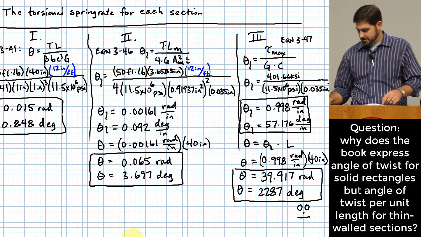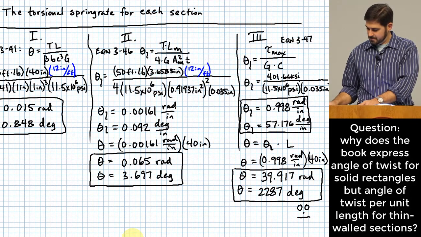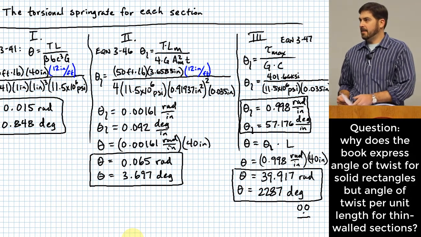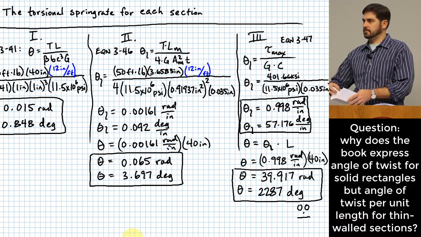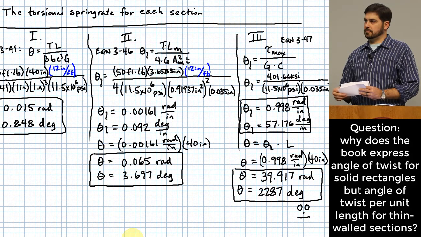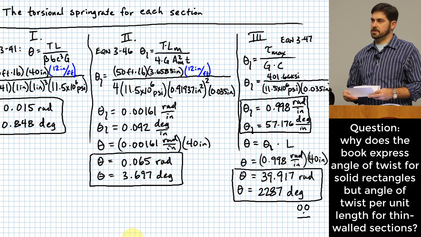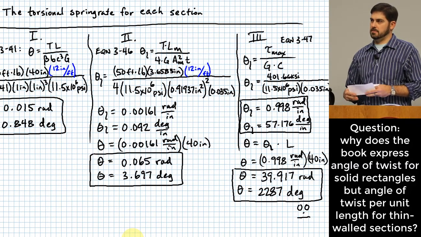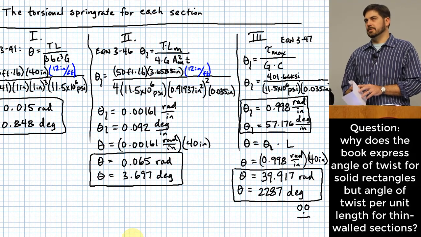Yes? Why don't the second and third thin wall equations go straight to the formula already, like the first one does?